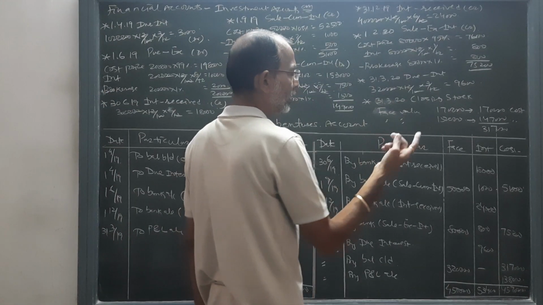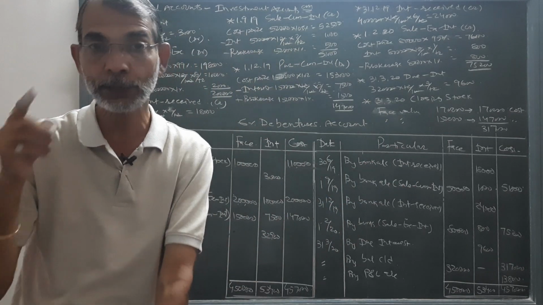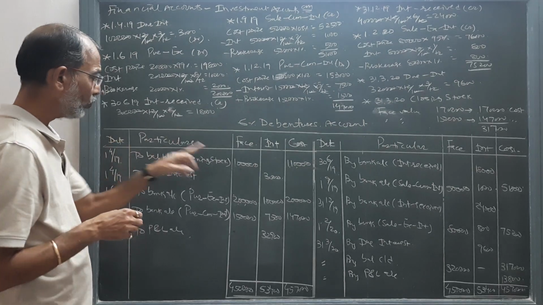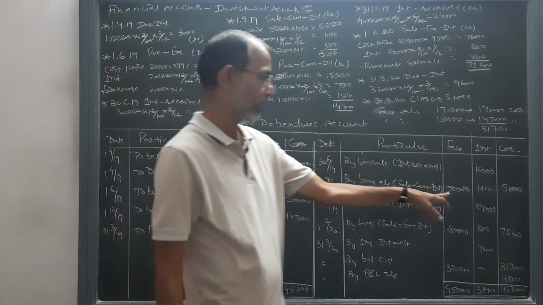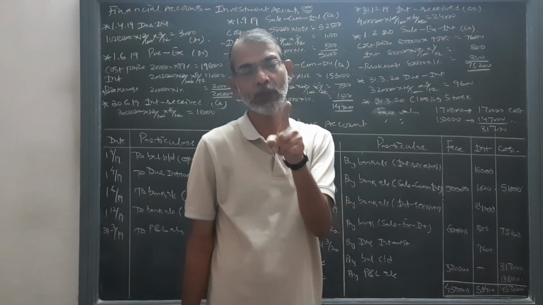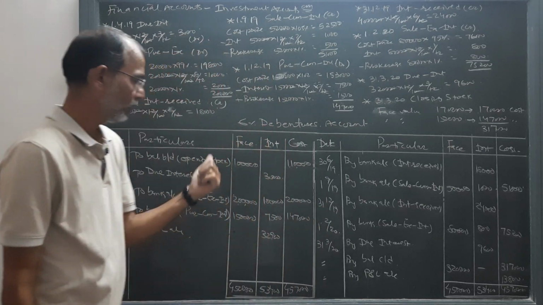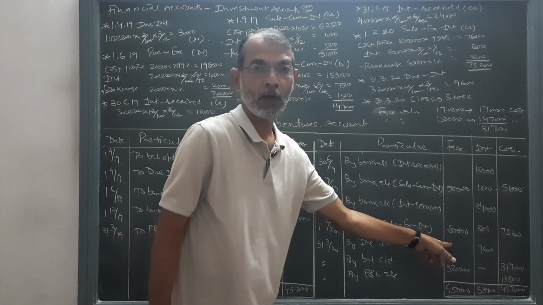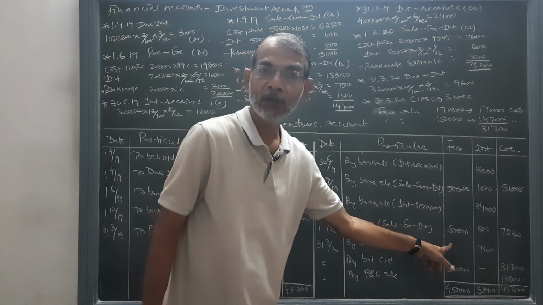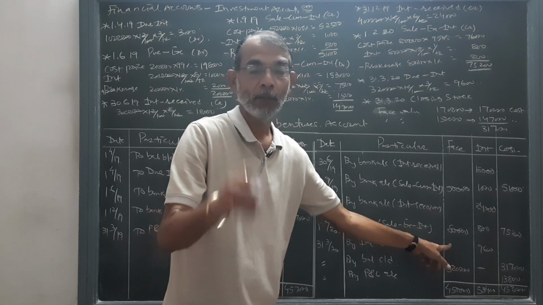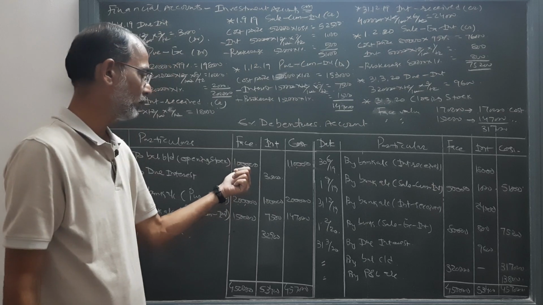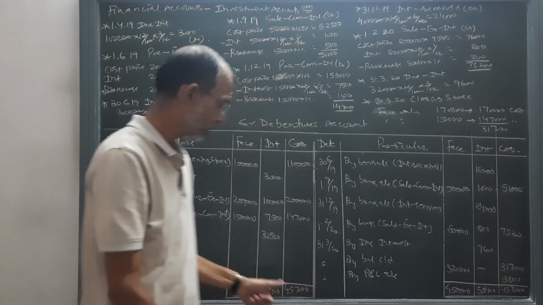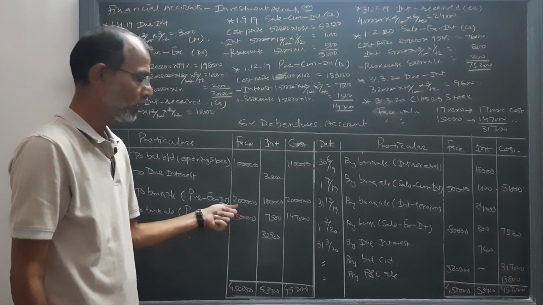Then closing value is to be calculated as per the FIFO method. How will it be calculated? Out of 1 lakh, first you are selling 50,000, so 50,000 is still the balance of this security, which will be adjusted against this. Now you have to sell securities of 80,000, but out of the remaining balance of this 50,000 you will adjust that, and 30,000 will be sold from these debentures.